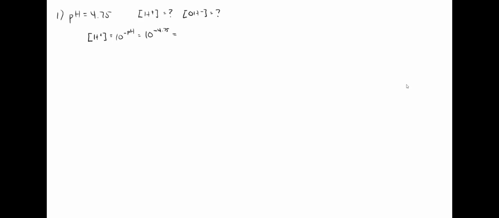And this gives me 1.78 times 10 to the minus 5. Your calculator might not be so kind as to put that in scientific notation. Mine did not. I had to count those decimal places. And so, as I said, times 10 to the negative 5.